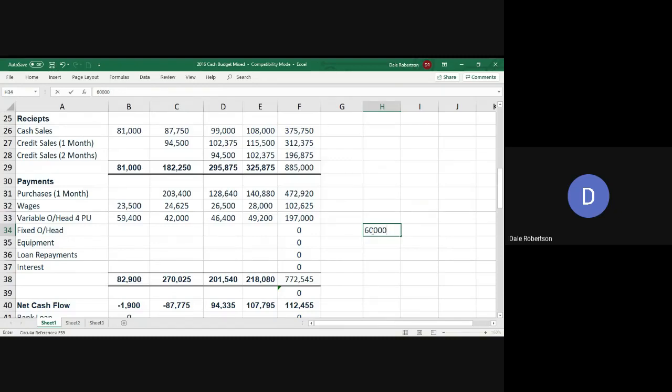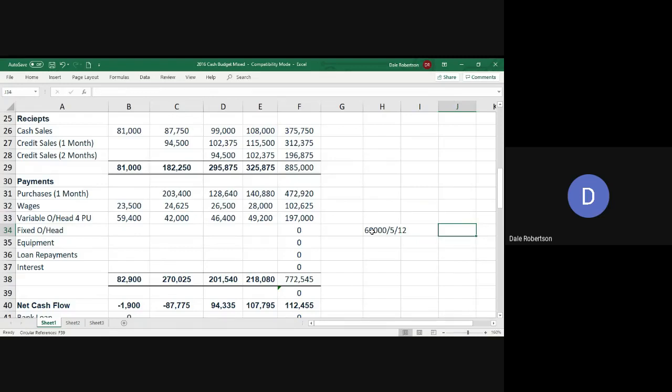Look at the capital cost section on paragraph 6. It says equipment will be purchased in July costing 60,000 and it will have a useful life of 5 years. Well, that means if you divide that 60,000 by 5 years, that will give you how much it depreciates per annum. And then if you divide it by 12, it'll get you how much it depreciates per month.